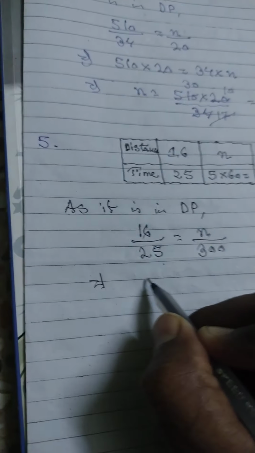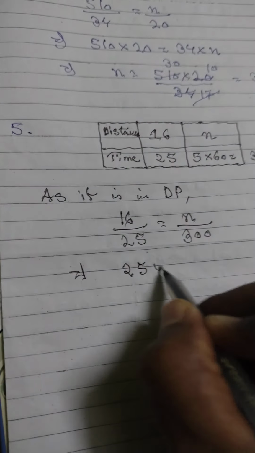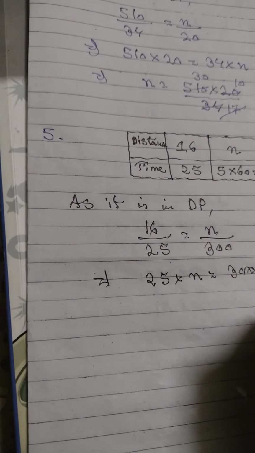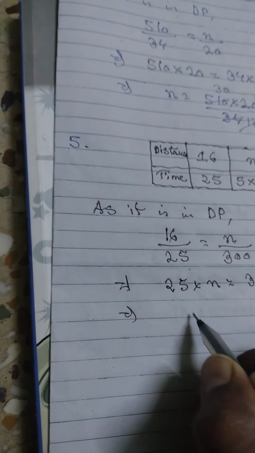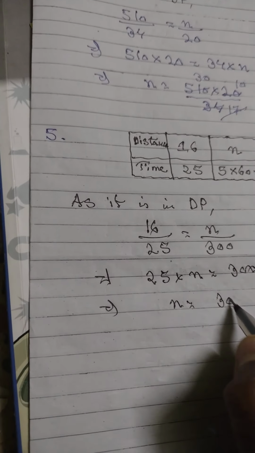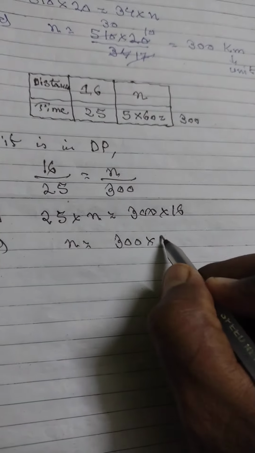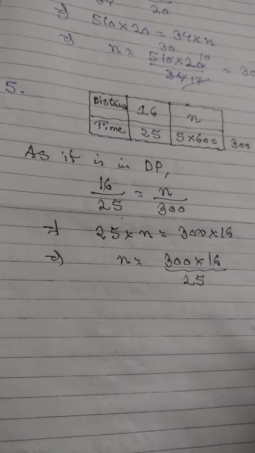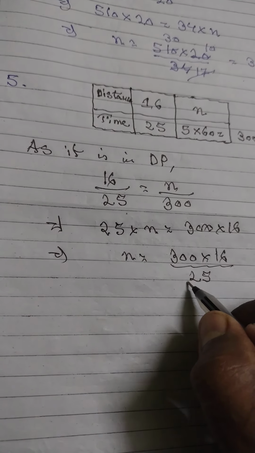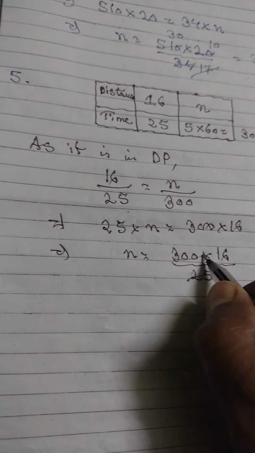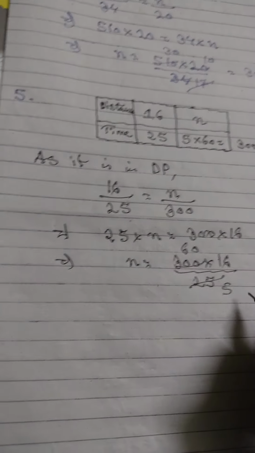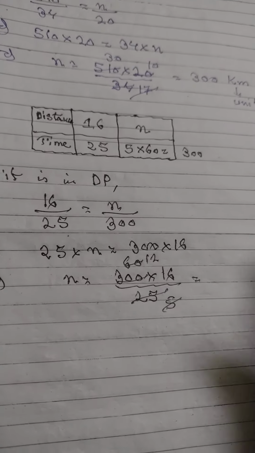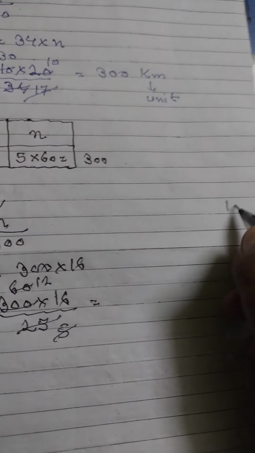So 25 into x is equal to 300 into 16. So x is equal to 300 into 16 by 25. Now cancel. Here it is 12. Now we have to multiply 16 into 12.